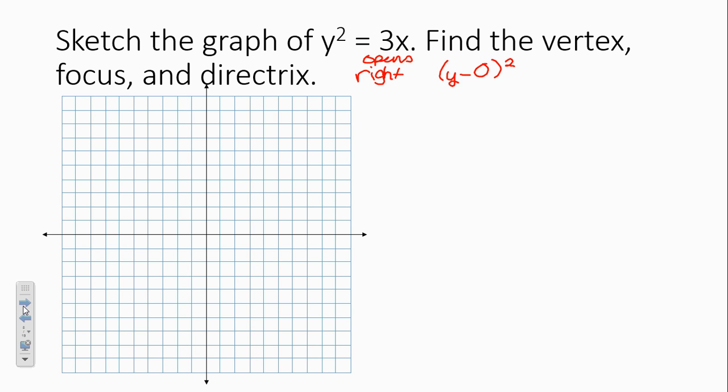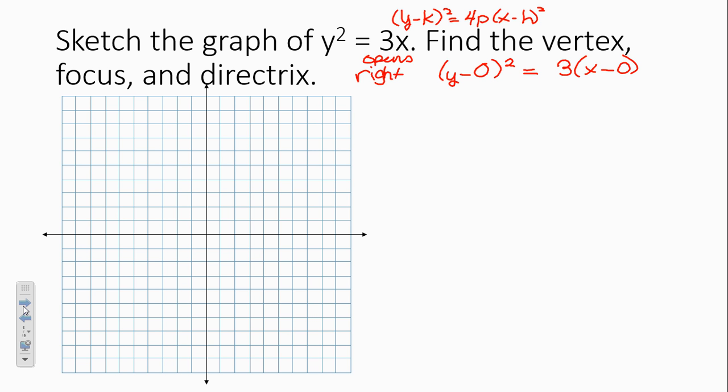Are you okay with 0 there? Okay. Equals 3 times x minus 0, because there's really nothing with it. If we want to write it in our form of y minus k squared equals 4p times x minus h squared, there's nothing with that y squared, right?